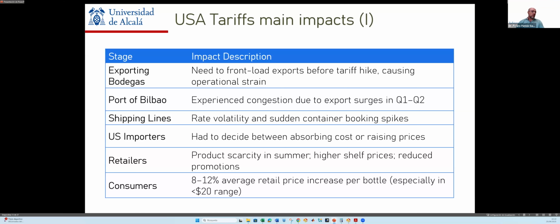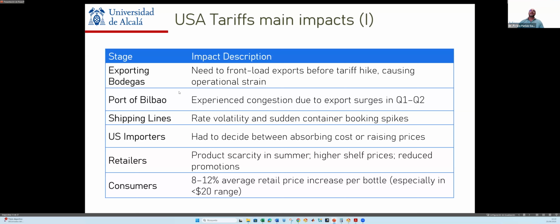But in the case of wine, it is made in a month. The whole yearly amount of wine is made during September and October. Everything is done, so this will cover the whole year. So they are in the position to push as much wine as they can into the end market, just to avoid tariffs, of course.